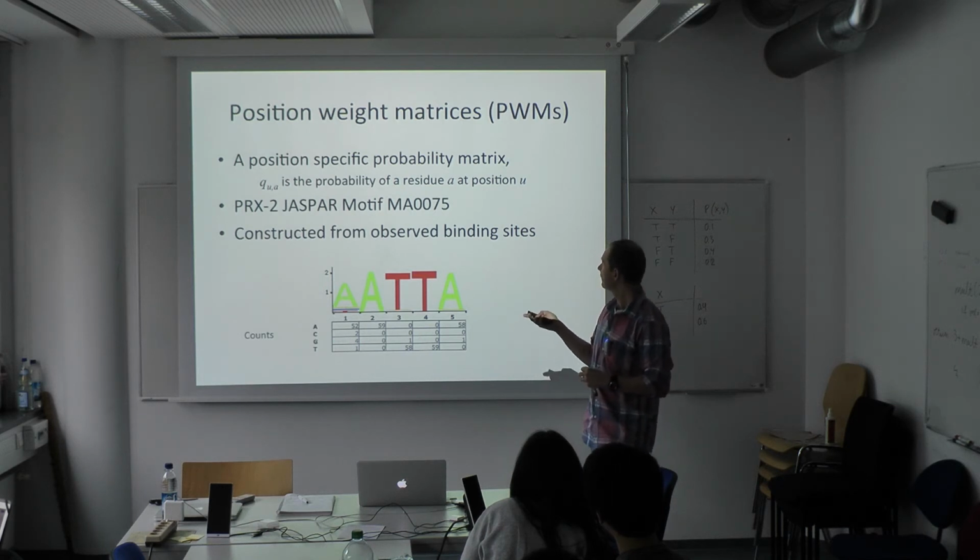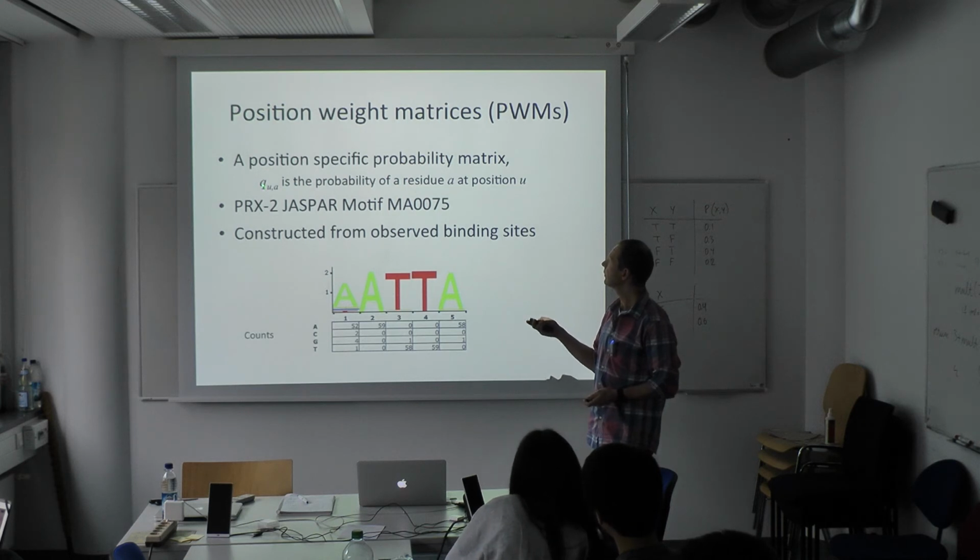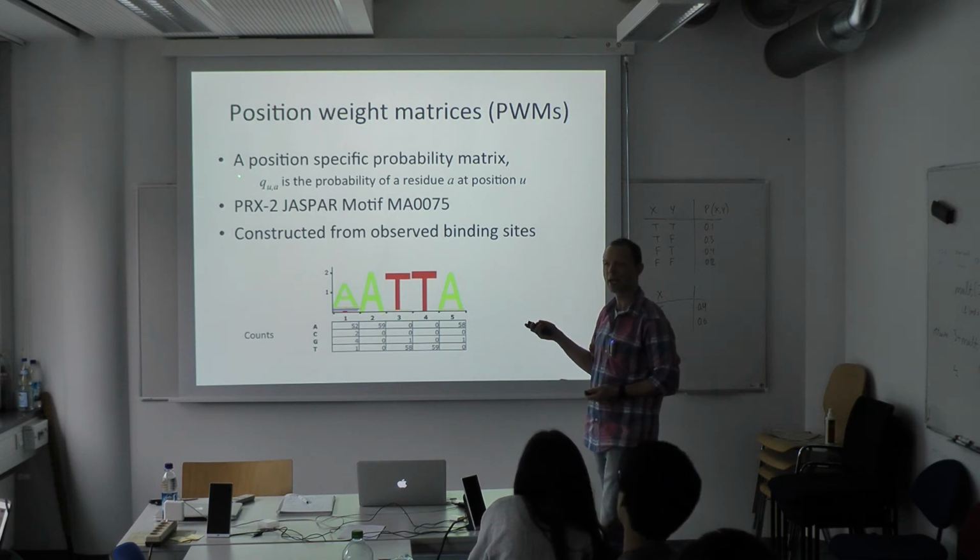So, the position-specific probability matrix, and we're dealing with frequencies here again. Sorry to change the notation. This is the probability of a residue A at position U. Previously we called this F, I think. Now it's Q.